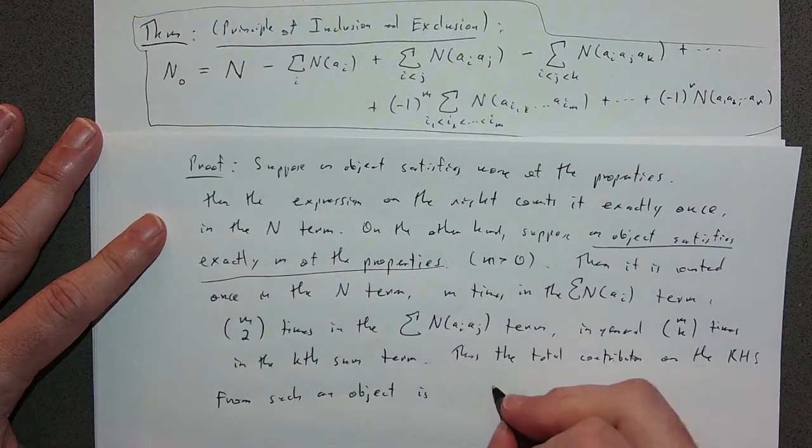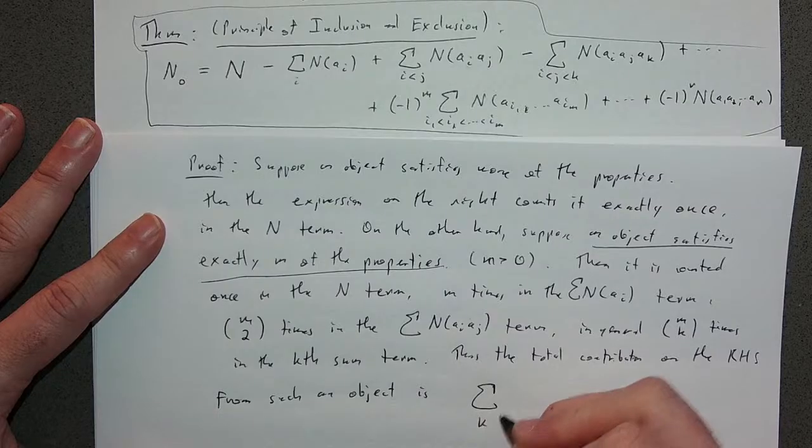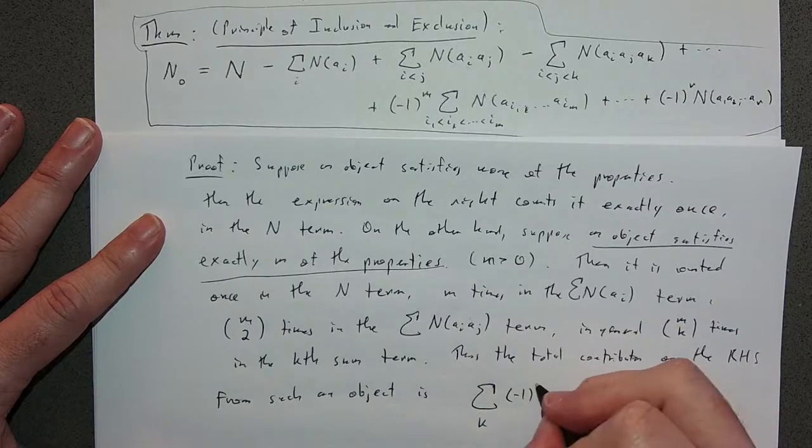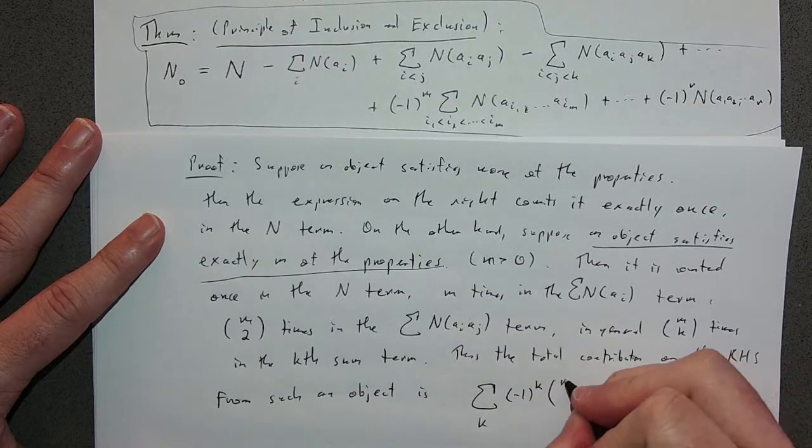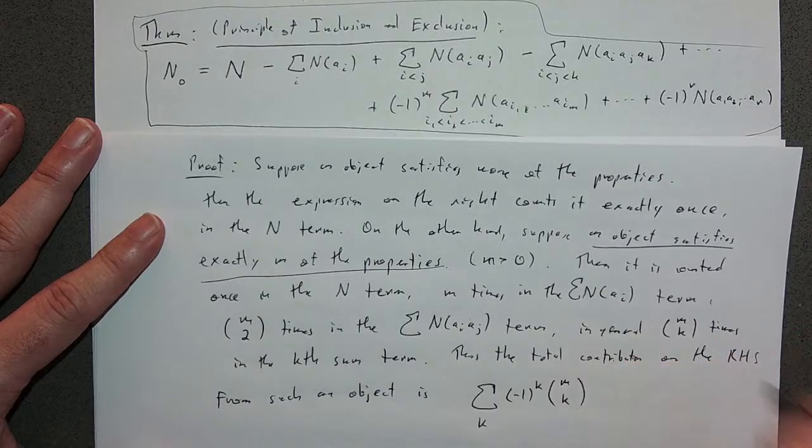So this total contribution is the sum over k, an alternating sum of the binomial coefficients m choose k.